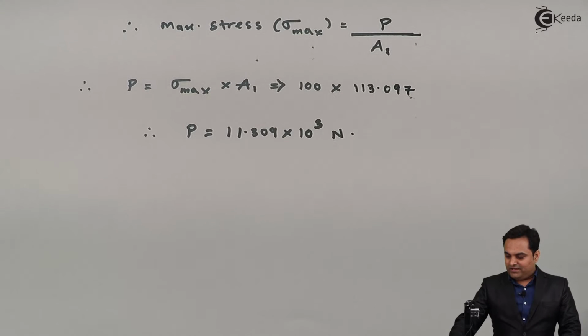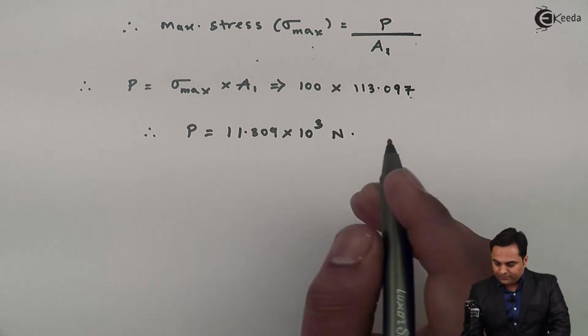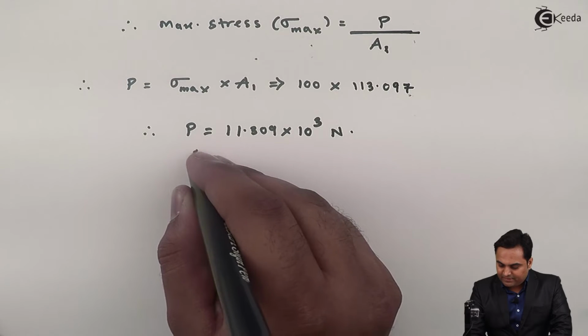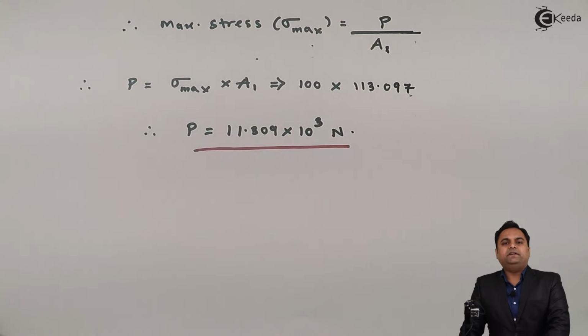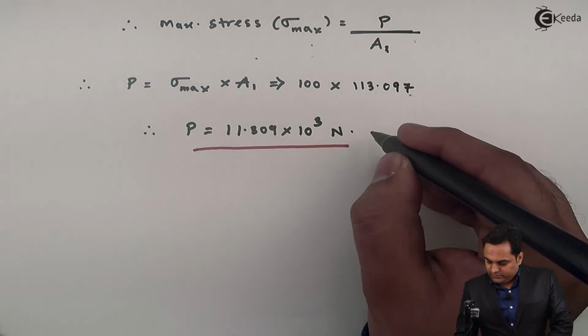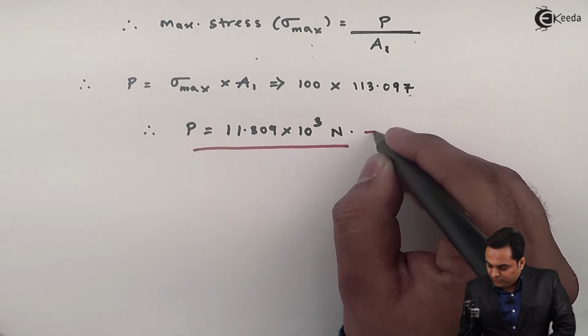So now, after getting the value of load, we can say that this is the maximum axial pull which is applied at the stepped bar, and this is answer number 1 for us.